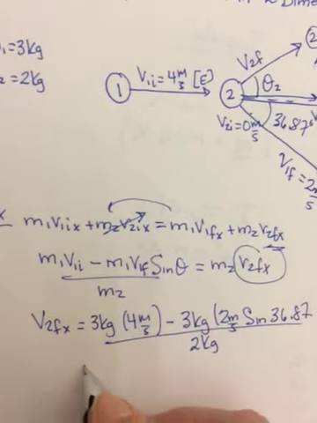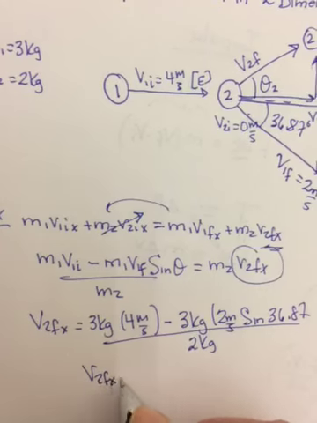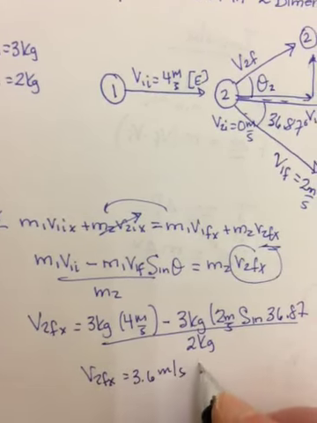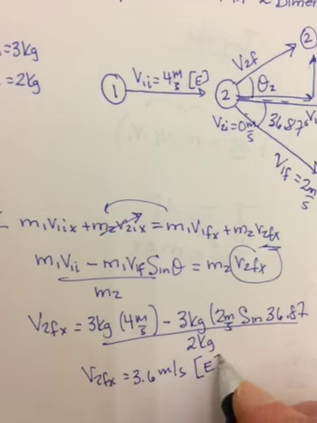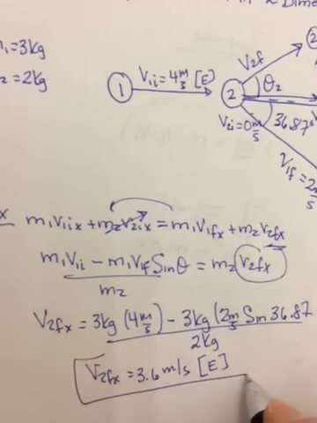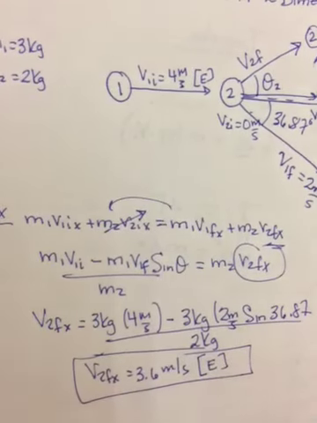And when you do this, you should get a V2 Fx of 3.6 meters per second. Works out to be positive, so it must also be going east, just like V1 was.